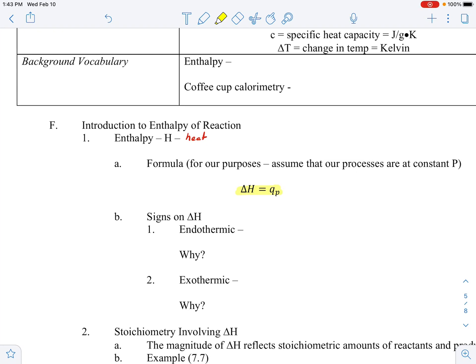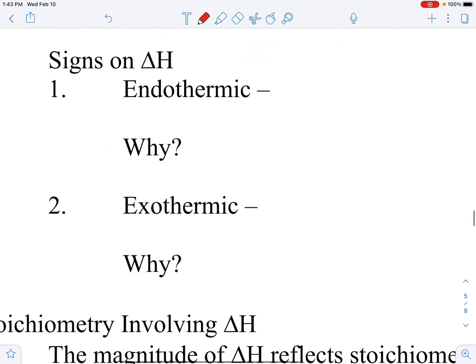Okay? So let's continue on. We've actually talked a little bit about this already, but let's make sure we've got it. So, signs on delta H when we have an endothermic reaction. Remember, the sign is positive, because energy is being added to the reaction. And we could also say it's being added to the system.